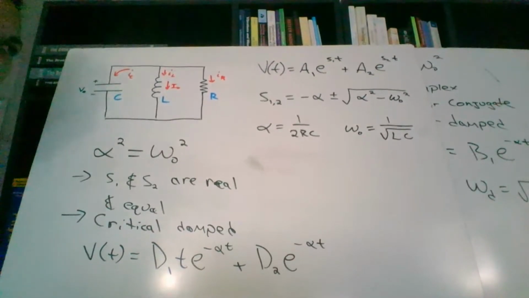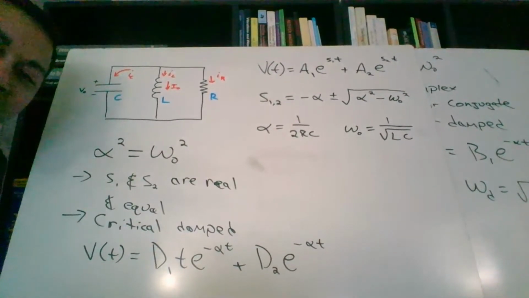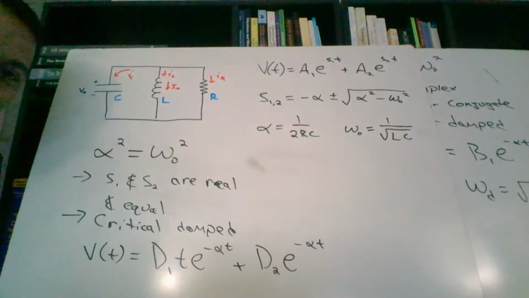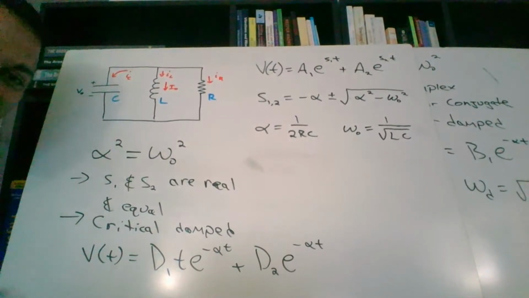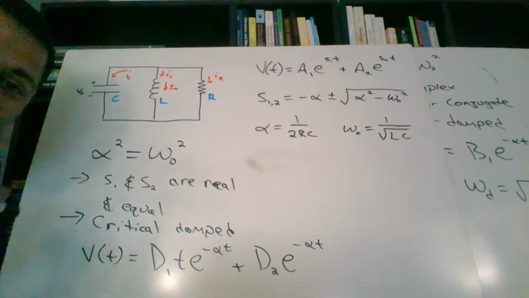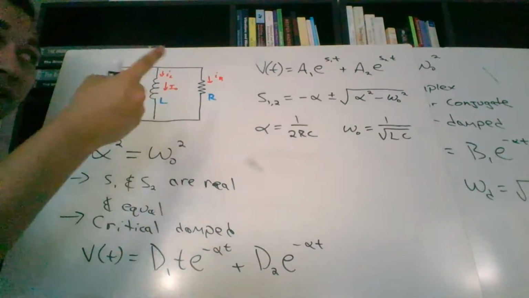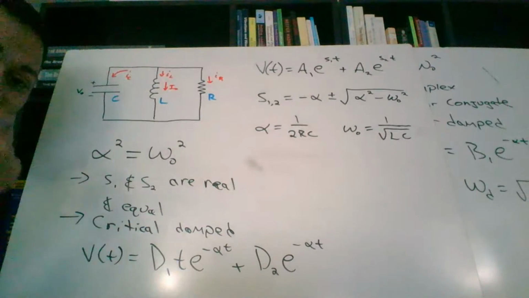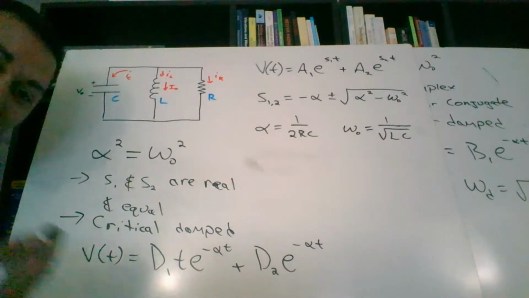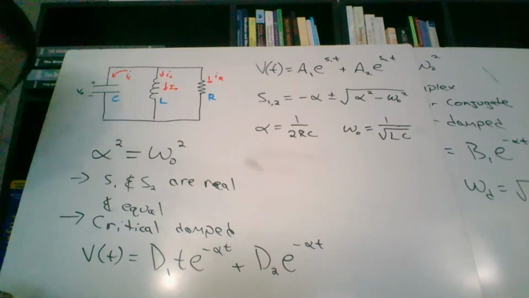Oh boy. I wish we could say, okay, that's everything, but there's a little bit more here that we still need to do. The first thing is we don't know our coefficients. We don't know what D1 is or D2 is. We don't know what A1, A2 is or B1, B2 is. So how do we solve for those? How do we solve for the coefficients?